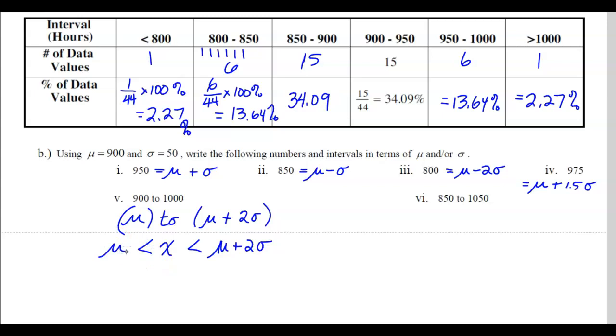So that's sort of how we're going to end up using it. Same thing here: 850, well 850 we know is mu minus the standard deviation, to 1,050, which is the mean plus 3 standard deviations.